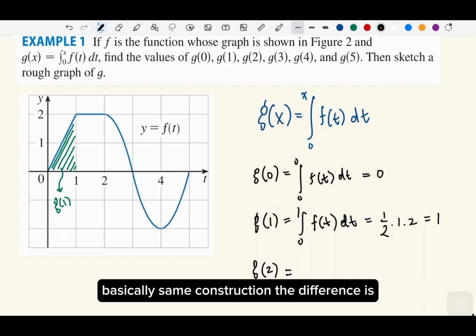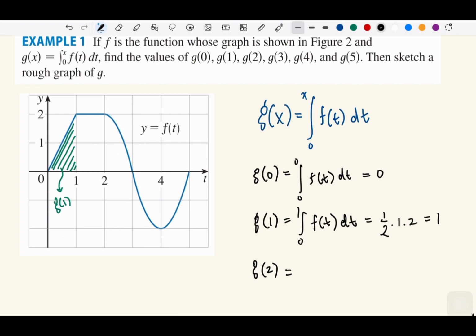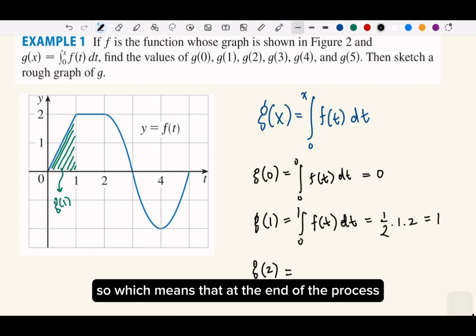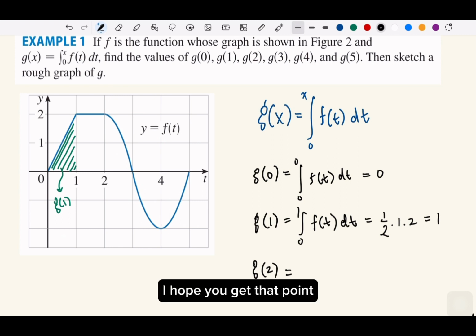The difference is, if you see anything like this one and this one, it means that at the end of the process, you are going to plug in the x in here. So at the end of the process, we are going to plug in 1 to this F, right? Or if we say the antiderivative will be F(1) minus F(0). Okay, I hope you get that point.